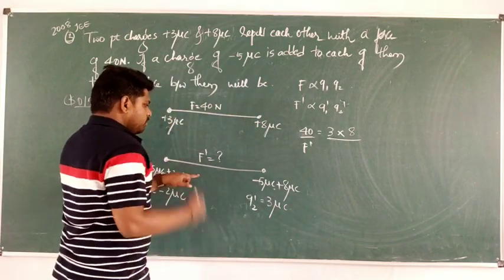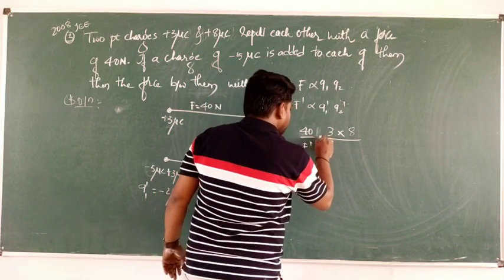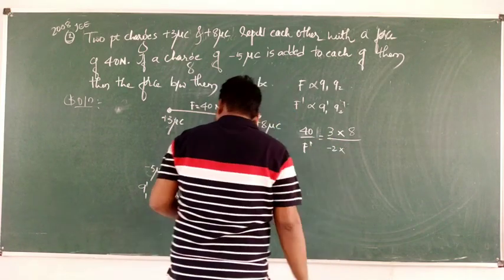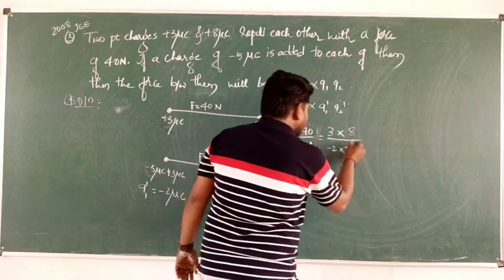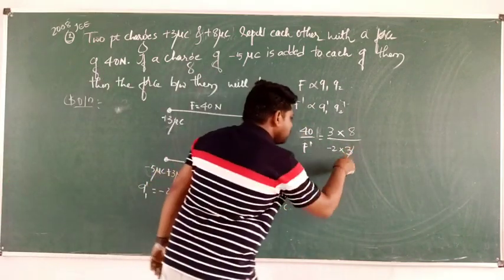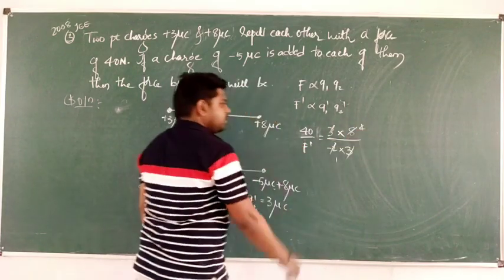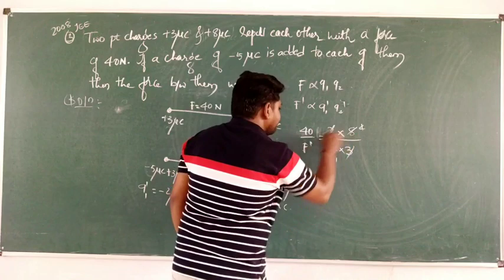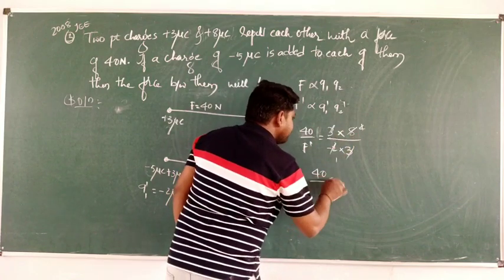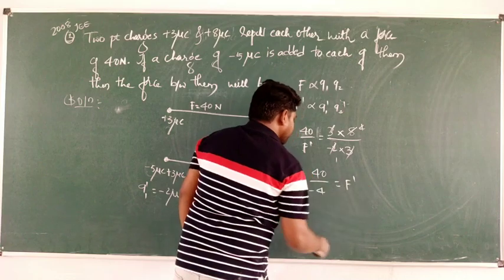Fine. Now what are the charges here? Minus 2 into 3 microcoulombs. 3 gets cancelled. 2 1s are, 2 4s are. Now if you send this, 40 divided by 4 minus 4, which is going to be F dash.